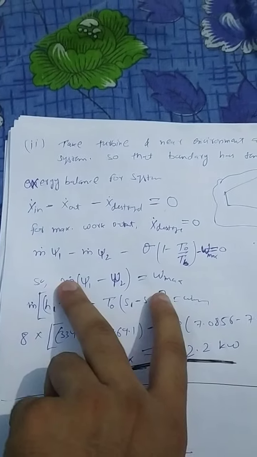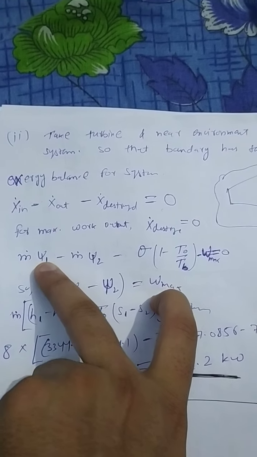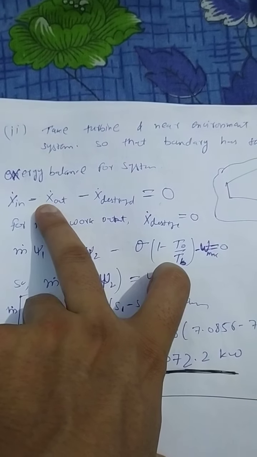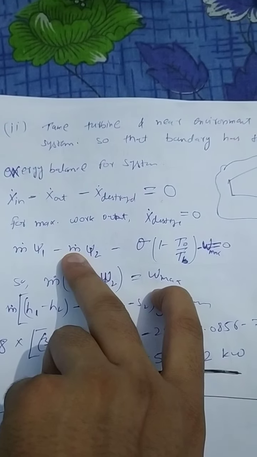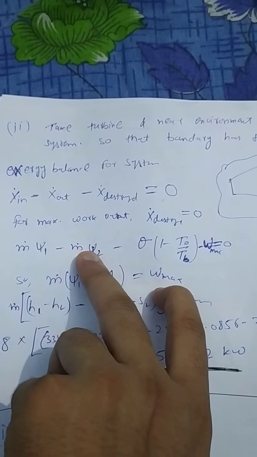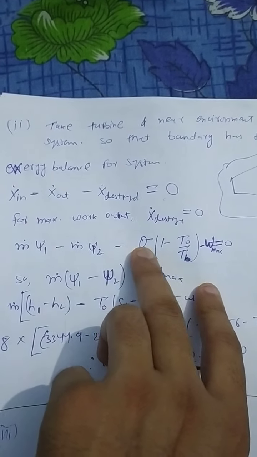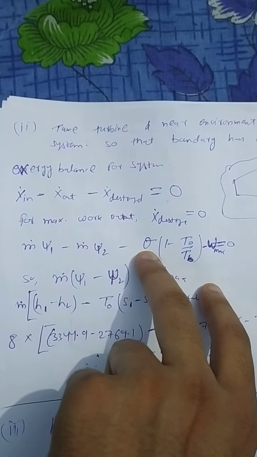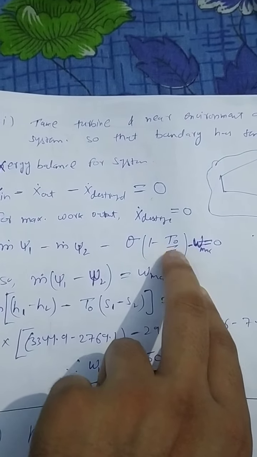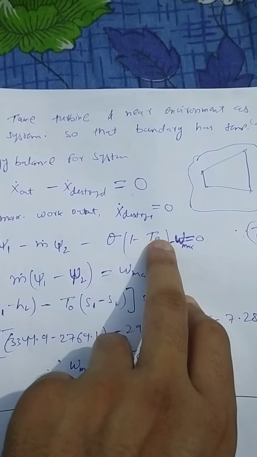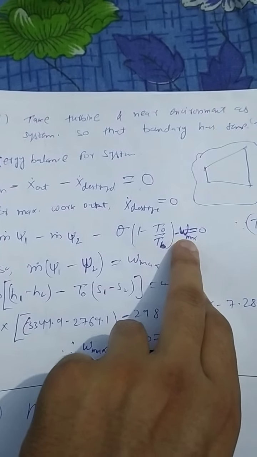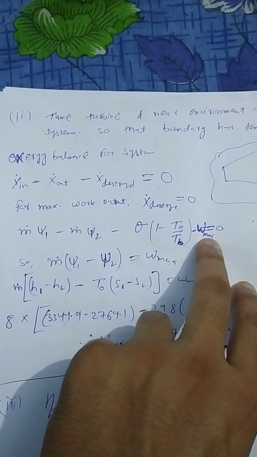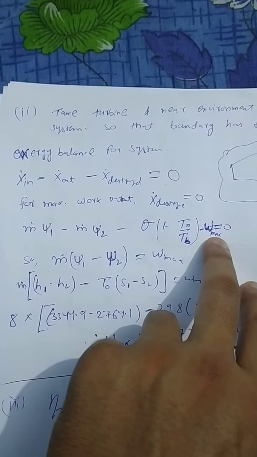Now exergy in is m dot times exergy at 1 at inlet, minus exergy out at 2, minus exergy transfer due to heat, that is Q times 1 minus T0 by TB, where T0 is ambient temperature and TB is boundary temperature, minus W max, the maximum work output.